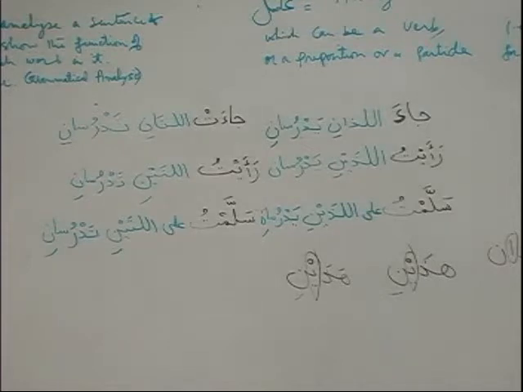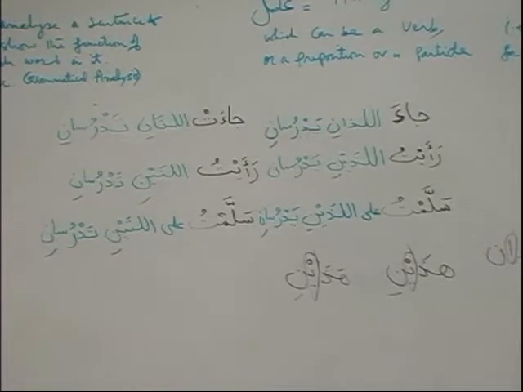Salamtu ala lataini. I saw two of those feminine who are studying. So that's the way it is. In other words, allazani, allazaini, allatani, allataini are mu'arabani. They are declinable.